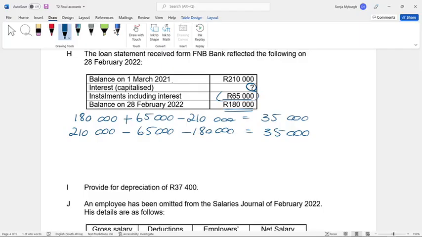And you can test this. 210 plus 35,000 will give you 245,000 minus 65, 180. If we capitalize, then we add the 35,000 to the loan, and interest on loan will be debited.